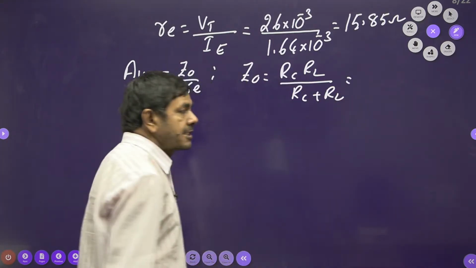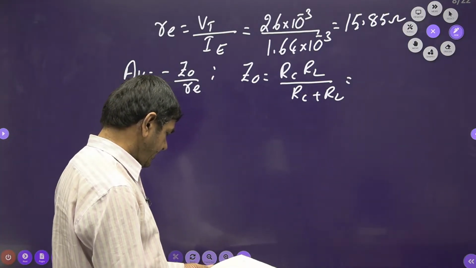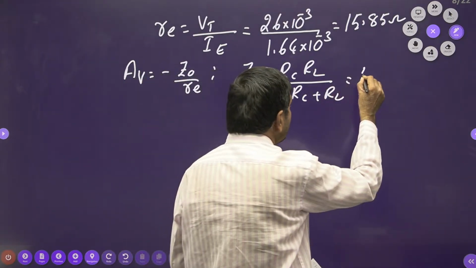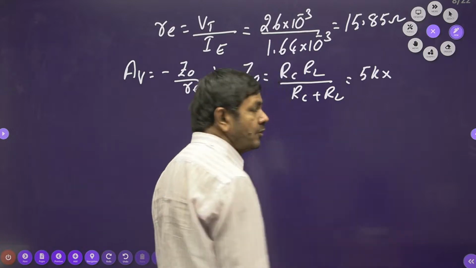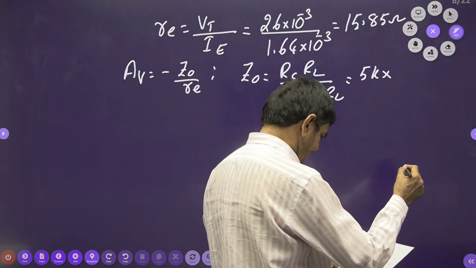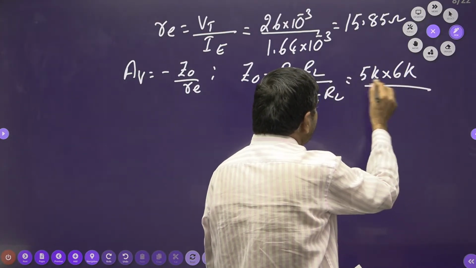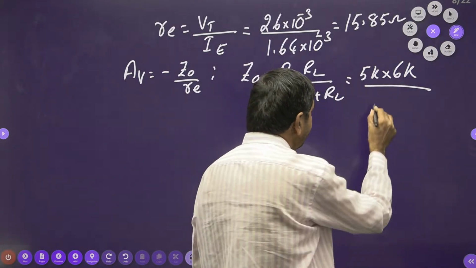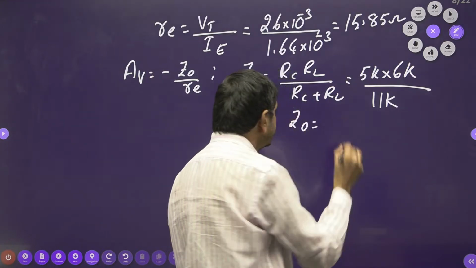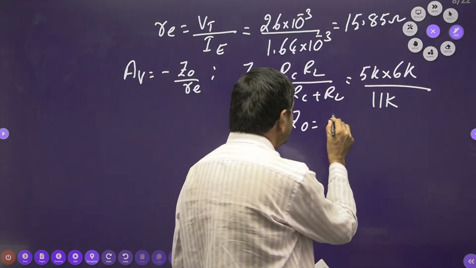The RC value is given as 5K, parallel to the load resistance RL, given as 6K, divided by 5 plus 6, that is 11K. When you use the calculator, you will get Z0 equal to 2.4K.